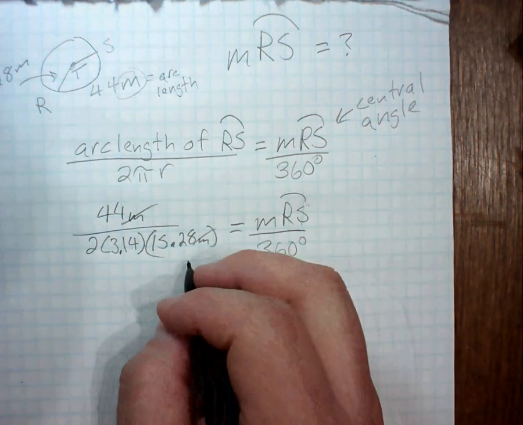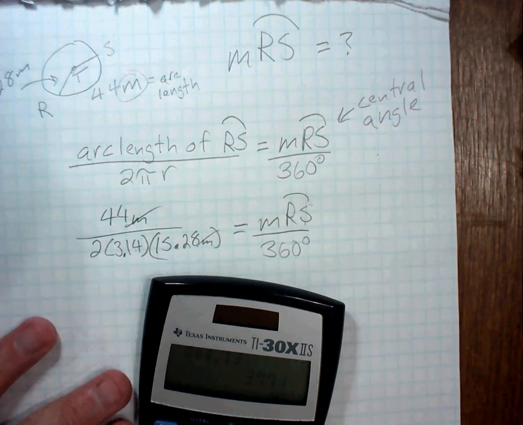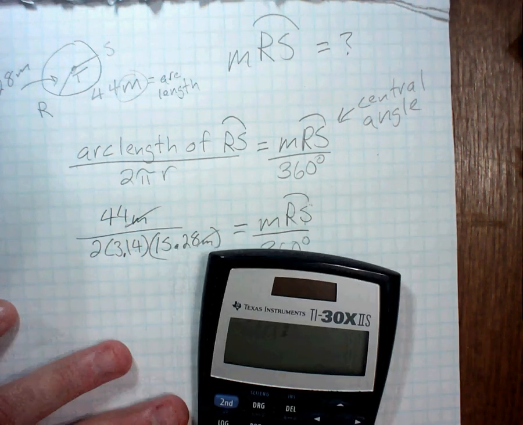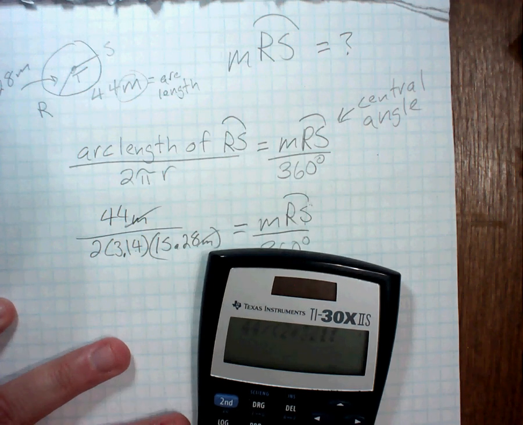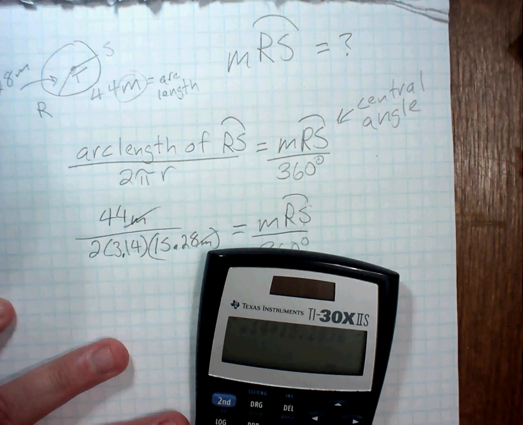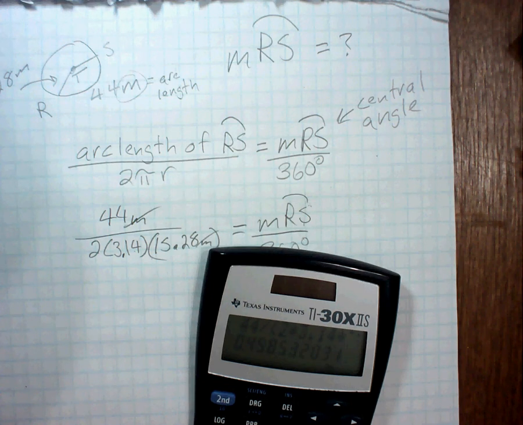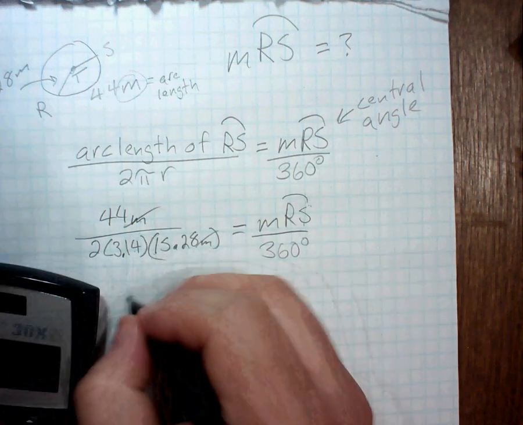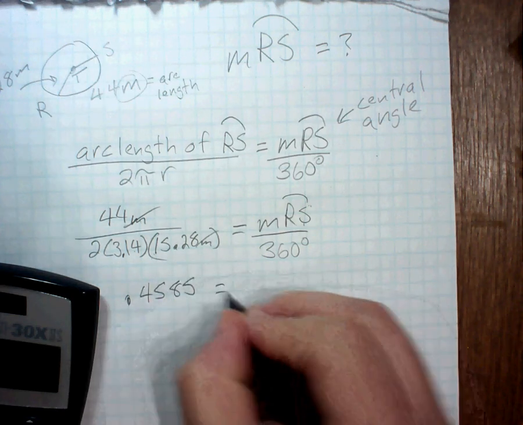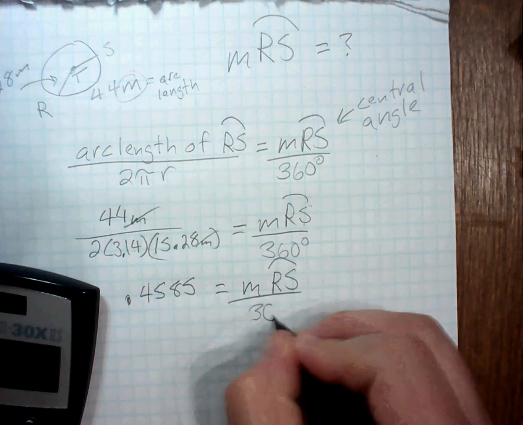So then, if I plug all this in, if I say 44 divided by, and then you have to put it in parentheses, 2 times 3.14 times 15.28, close the parentheses, I get 0.4585. So this whole fraction becomes 0.4585, and that's equal to m, the measure of RS, over 360 degrees.